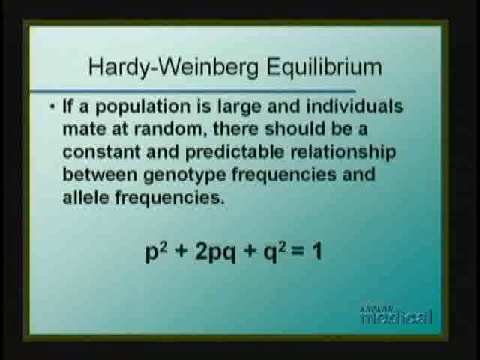Basically, this is saying there should be a mathematical way of predicting the numbers for genotype frequencies and allele frequencies. And that mathematical relationship is represented there by the Hardy-Weinberg equation, p squared plus 2pq plus q squared equals 1.